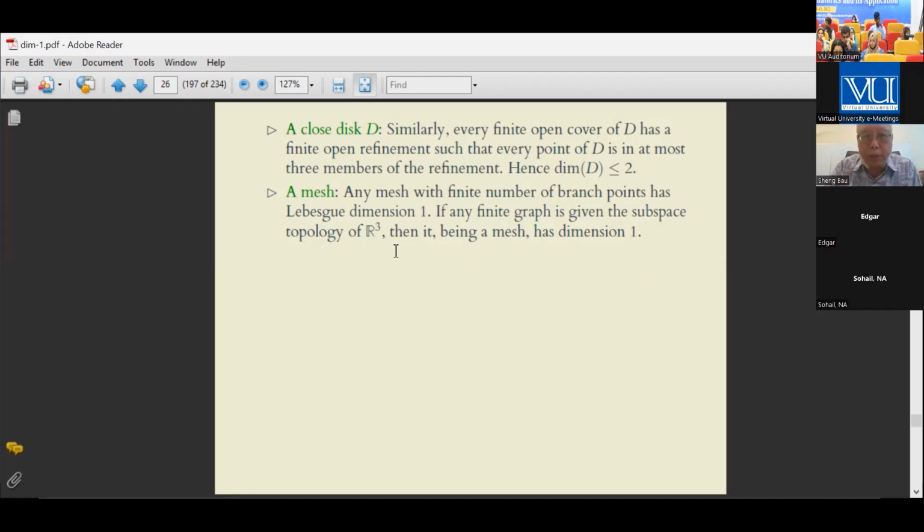So theoretically speaking, every graph, if you make that agreement, has dimension 1. And these are correctly called in topology one-dimensional complexes.